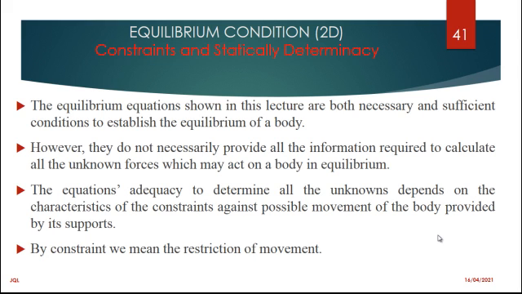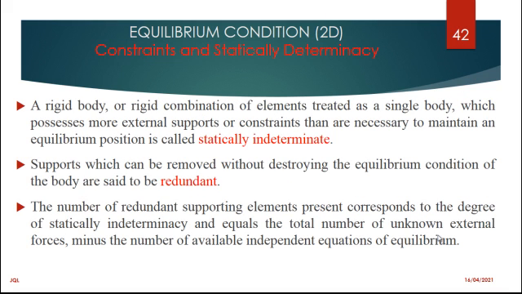What it means here is the constraint is the restriction of movement of that body. A rigid body or rigid combination of elements treated as a single body which possesses more external supports or constraints than are necessary to maintain an equilibrium position is called statically indeterminate.